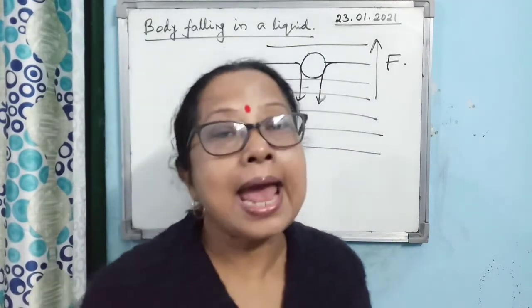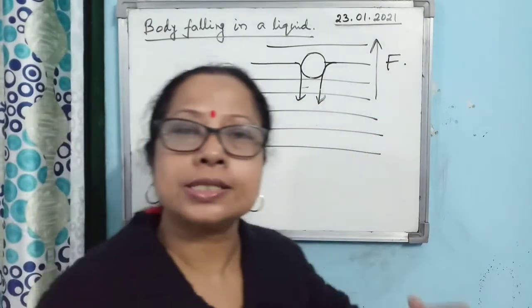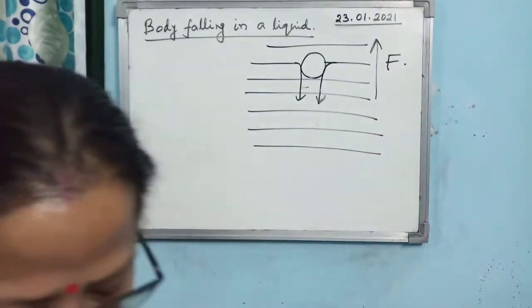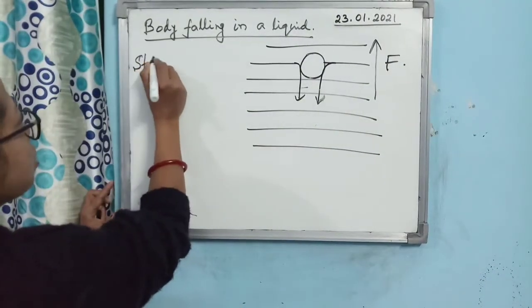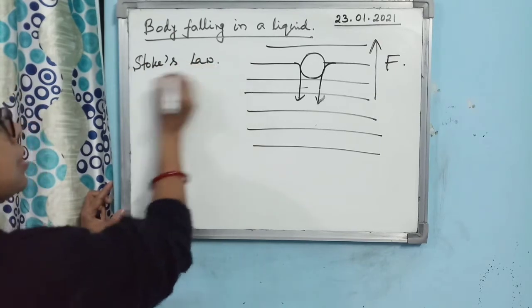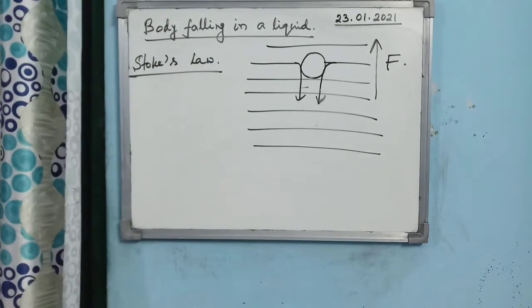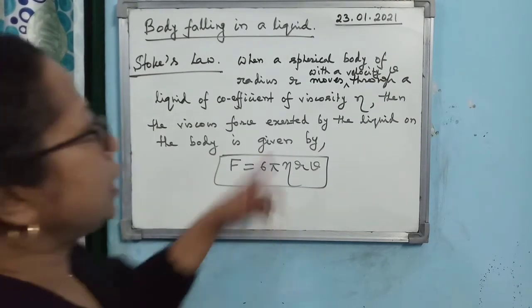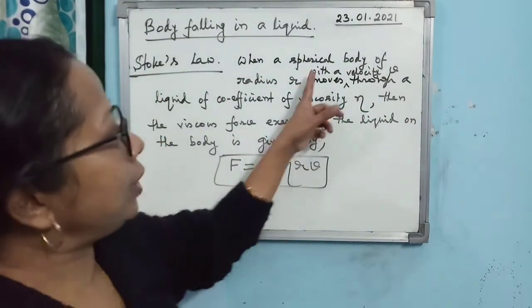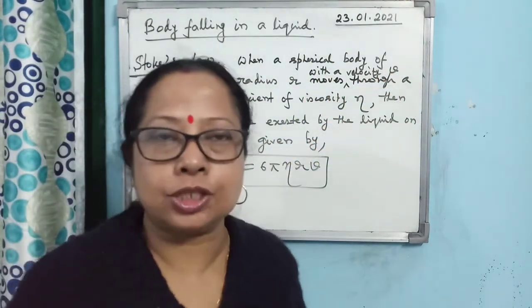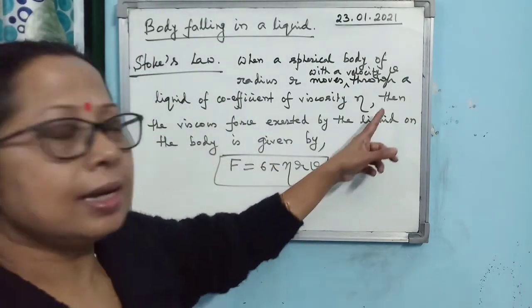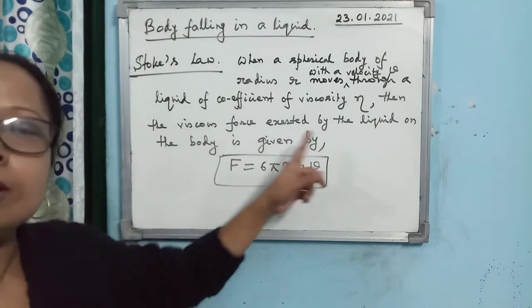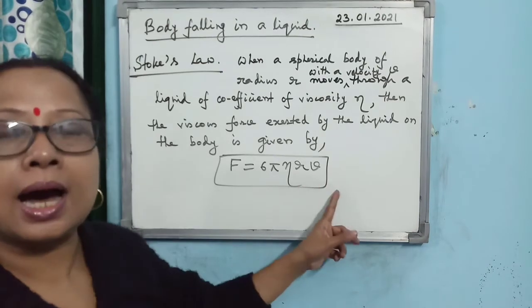This concept of viscous force, the expression of viscous force, was given by the physicist Stokes. That's why it is known as Stokes' law. Very interesting one. According to Stokes' law, when a spherical body of radius r moves with velocity v through a liquid of coefficient of viscosity eta, the viscous force exerted by the liquid on the body is given by 6 pi eta r v.